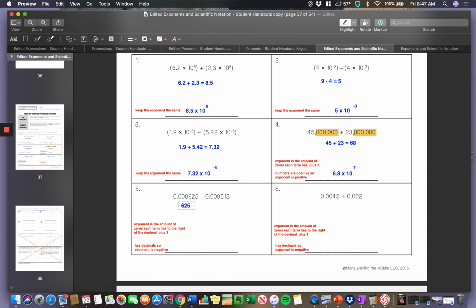I'm subtracting, my bad. Okay, and I'm going to get 112. Remember, my decimal point is going to go between the first two numbers. So I am going to have 1.12, okay, times the power of 10.